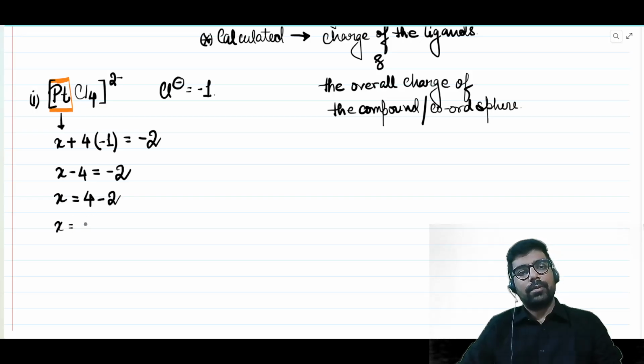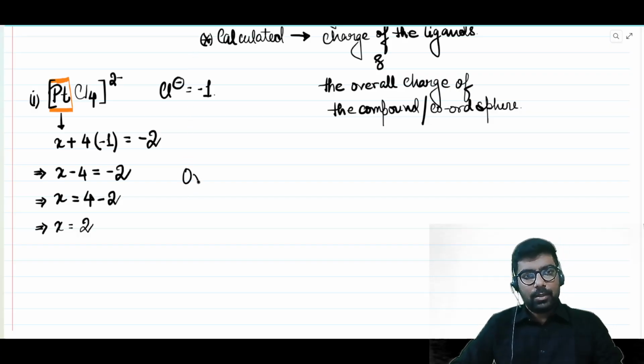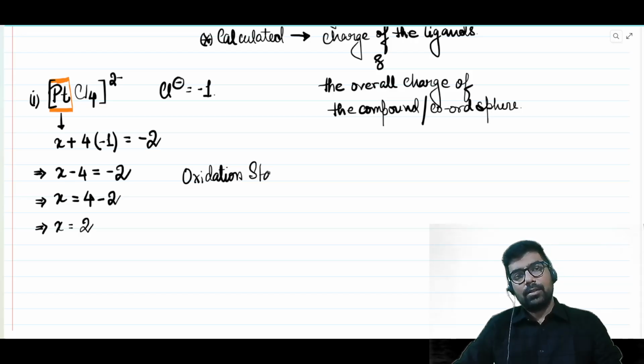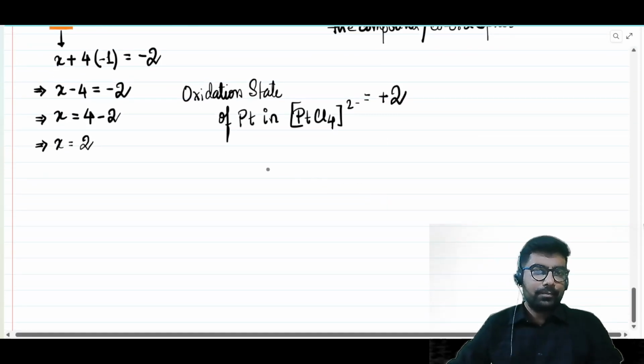So x will be +2. So the oxidation state of platinum in [PtCl4]2- is +2.